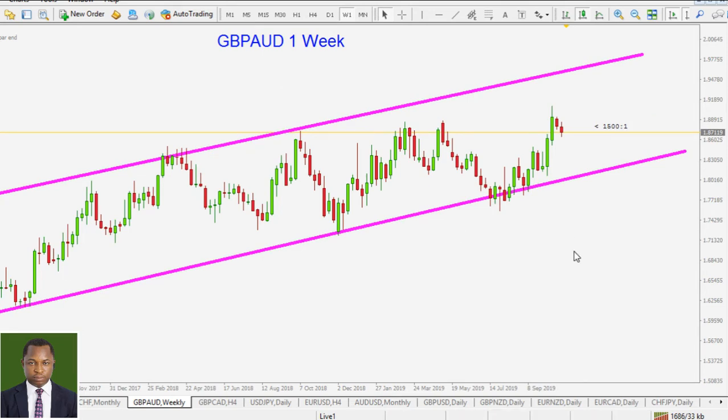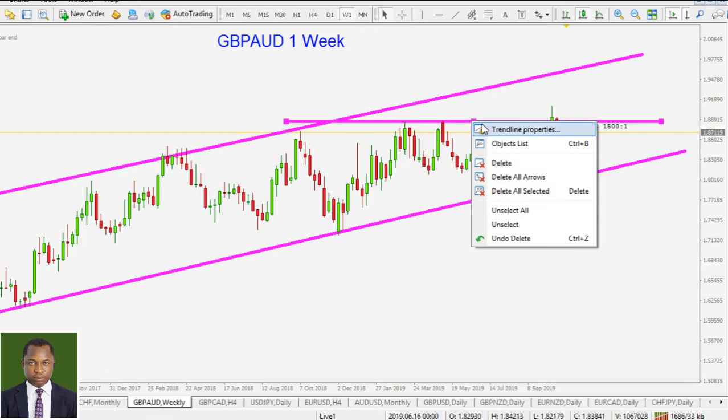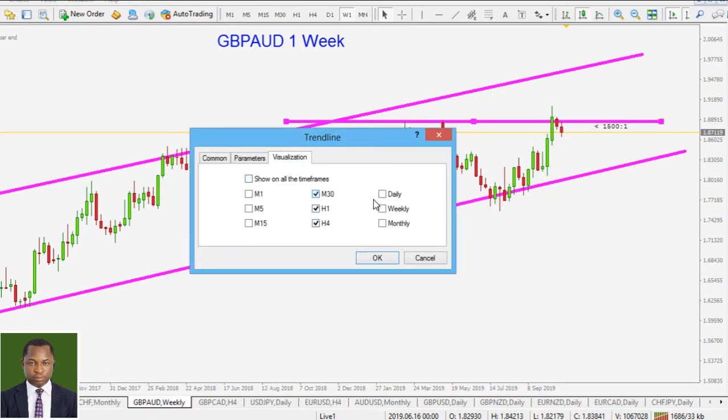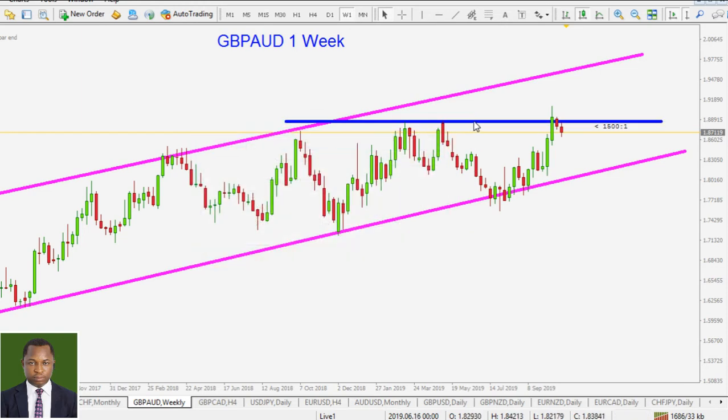Then in the weekly time frame, what do we have? Well, aside from the fact that we have this area here as resistance, let me change that to blue as resistance.